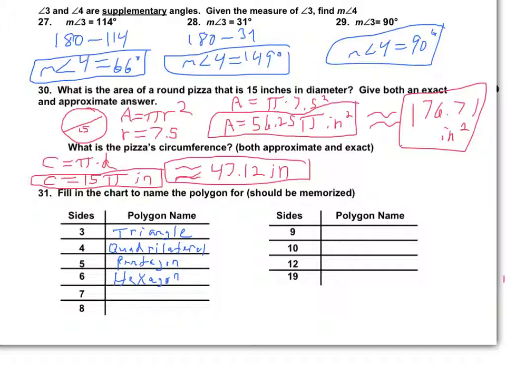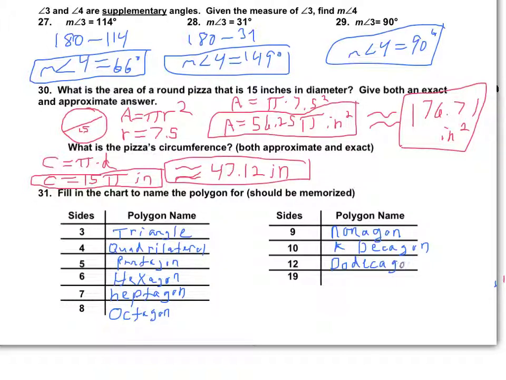A 7-sided polygon is called a heptagon. An 8-side, you know, is called an octagon. A 9-sided one, that is called a nonagon. 10-sided is called a decagon. A 12-sided is a dodecagon.